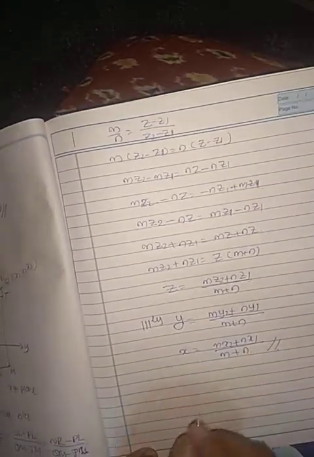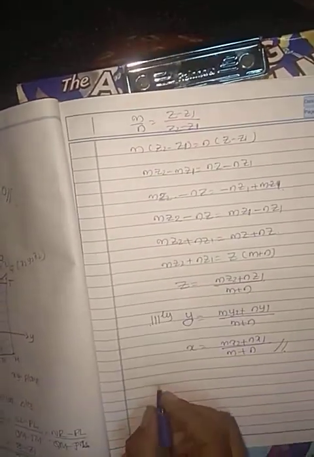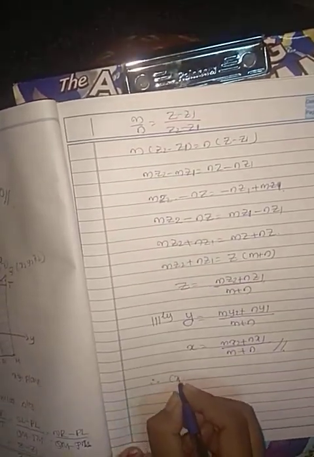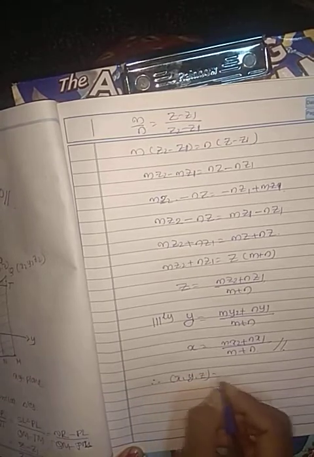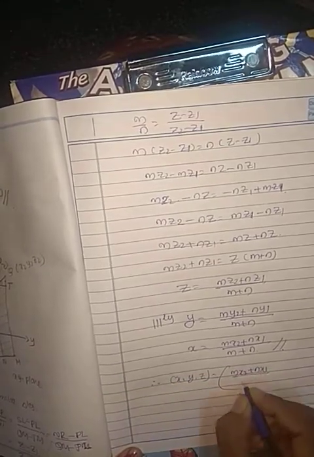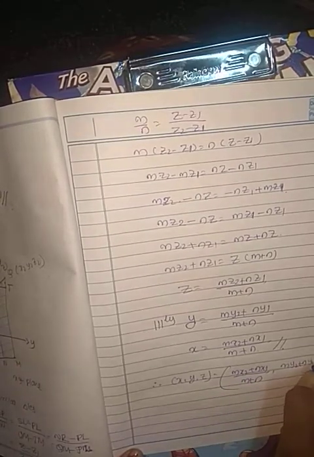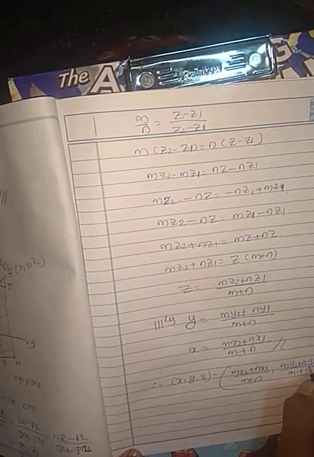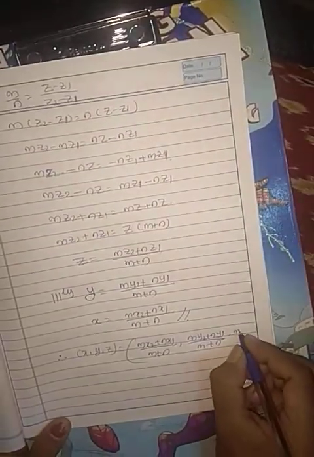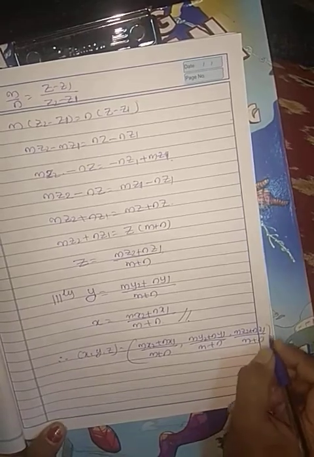Therefore, if the point R divides internally in the ratio m is to n, then the coordinates of the internal section formula are x, y, z equal to m x2 plus n x1 divided by m plus n, m y2 plus n y1 divided by m plus n, and m z2 plus n z1 divided by m plus n.